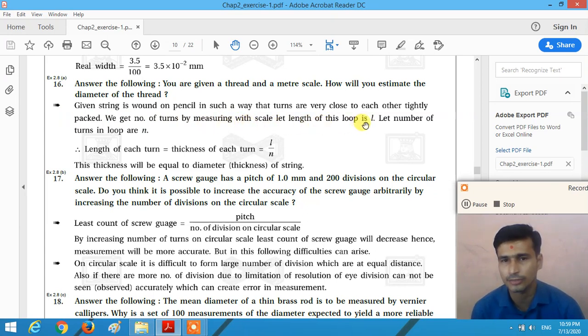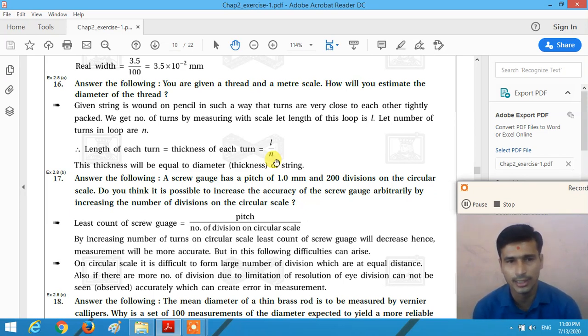Let the length of the loop be L and let the number of turns be N. By measuring the number of turns and the length of the loop, we divide L by the number of turns to get the length of each turn, or the thickness of each turn.